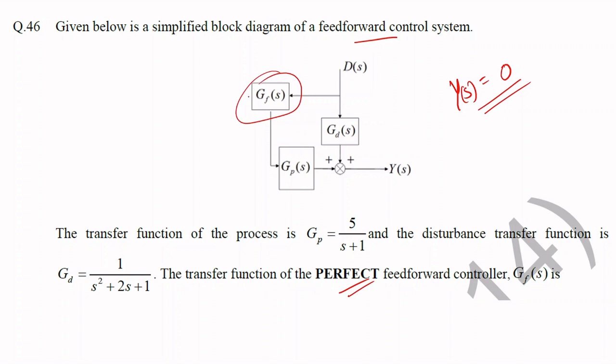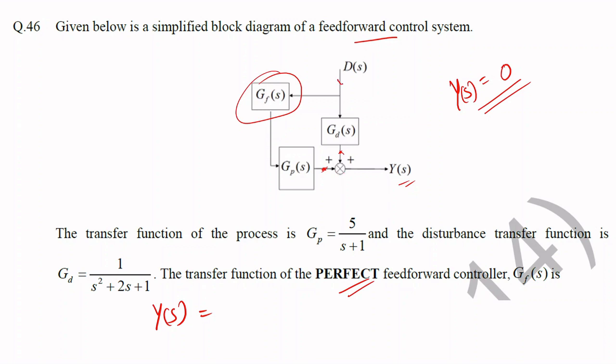To find this y of s, it will be the summation of the outputs at these two nodes. So let's find what my values should be at these two points.